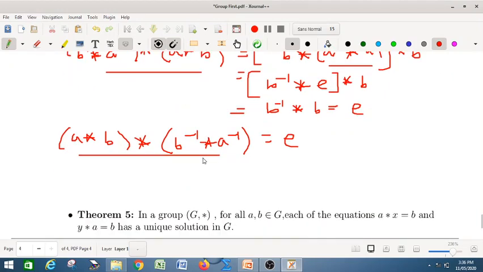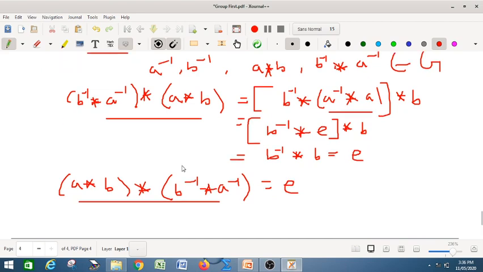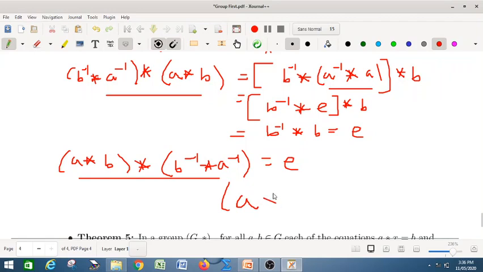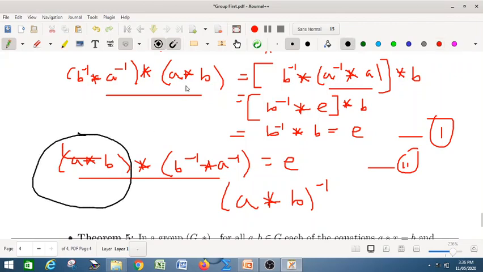This follows from the definition of inverse. So from 1 and 2, it follows that A composition B whole inverse, this is the inverse element now, because we have proved that if you take the composition, it is the identity. So this is equal to B inverse composition A inverse. Clear? This is also a very important proof.